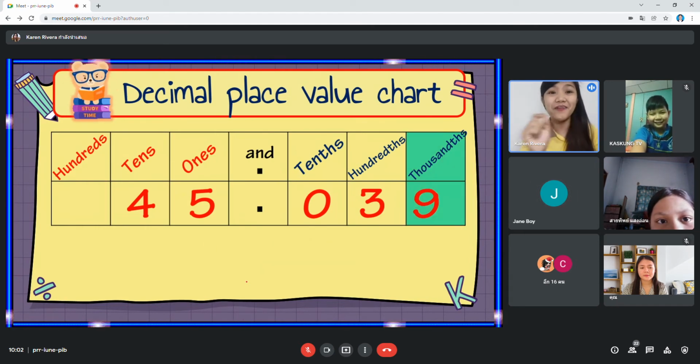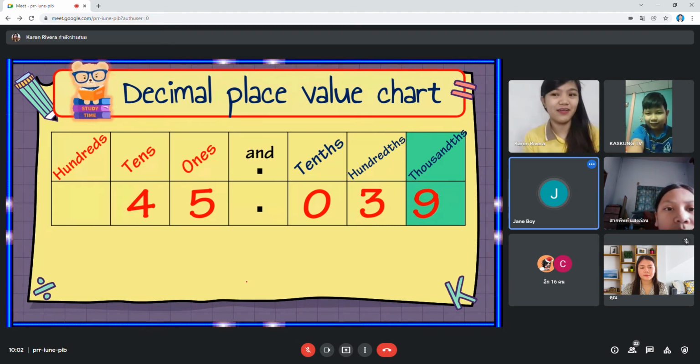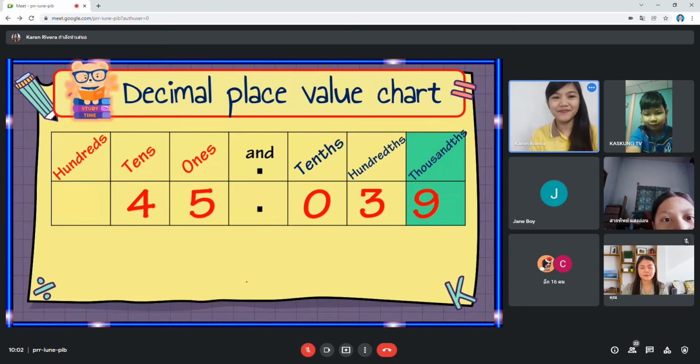Now, how will you read that number? In English. Can you read that? What number is this? 45.